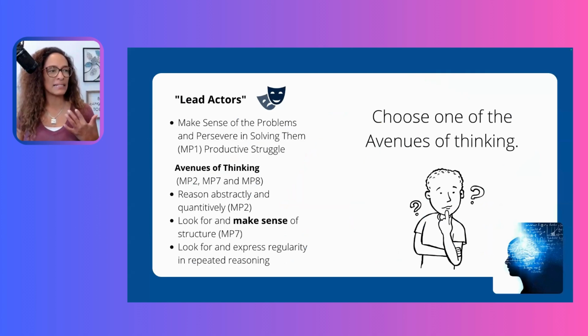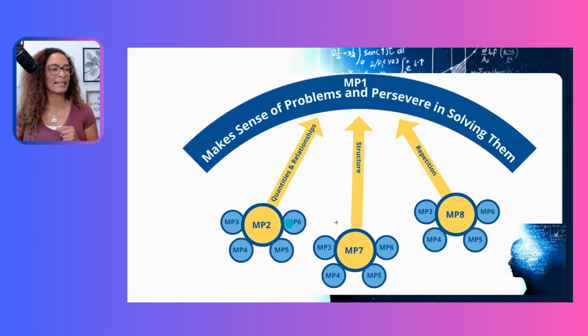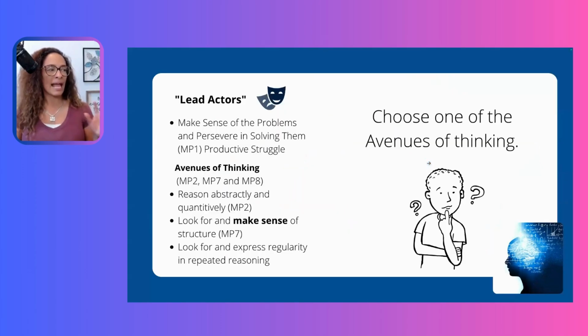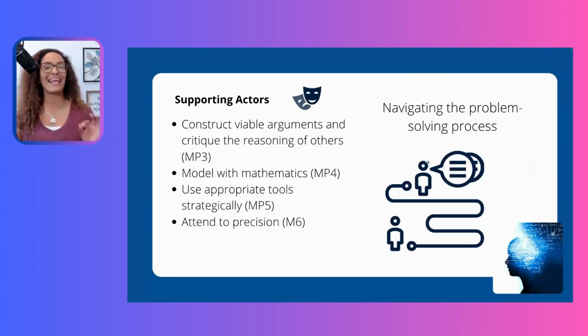That really means that you have what we call the lead actors or avenues of thinking. So 2, 7, and 8 are the avenues to the umbrella of thinking. And then we have navigating the problem, or solving the problem. So I wanted to show you what I meant by that before I go back to ChatGPT.